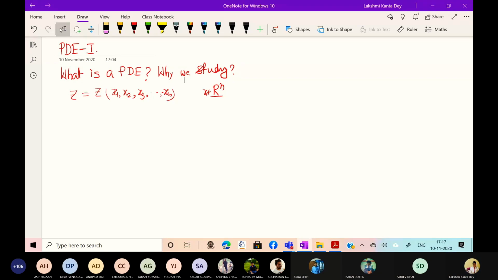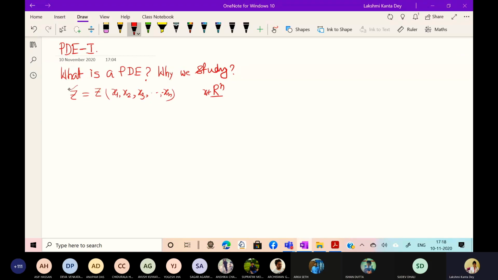Okay. So it is the situation where the number of independent variables in the problem under consideration is 2 or more. Clear? So naturally we have to have partial derivatives. That is the natural way it comes, and the equation involves a dependent variable, usually we call it Z. Okay, Z is the dependent variable.